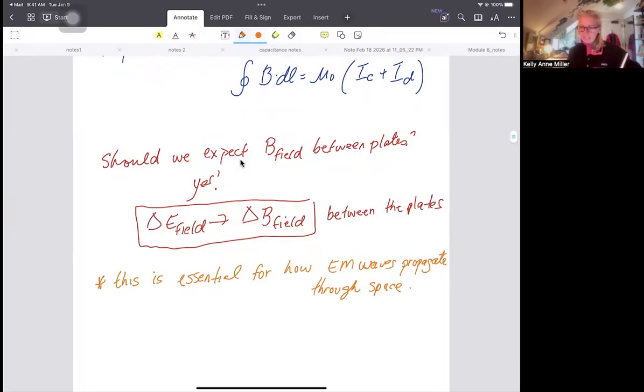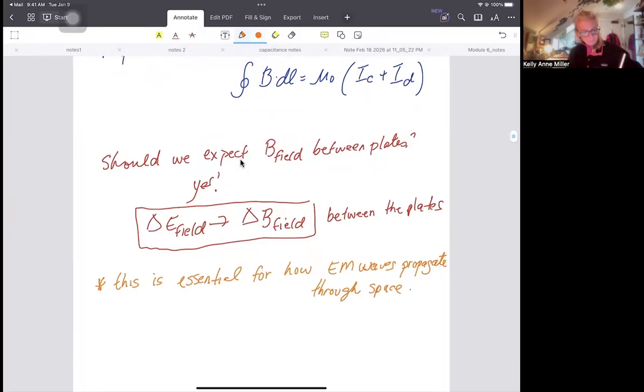So I want to make sure it's clear that without this idea of a displacement current, which again is a theoretical construct to make Ampere's law not break down, you would have an E field that is generated from the capacitor plates charging up. You'd have a changing E field that would not lead to a changing B field.